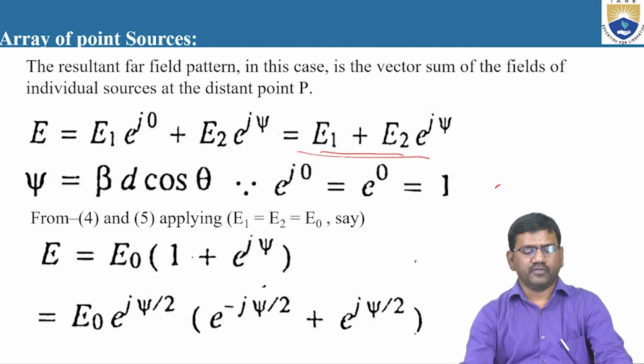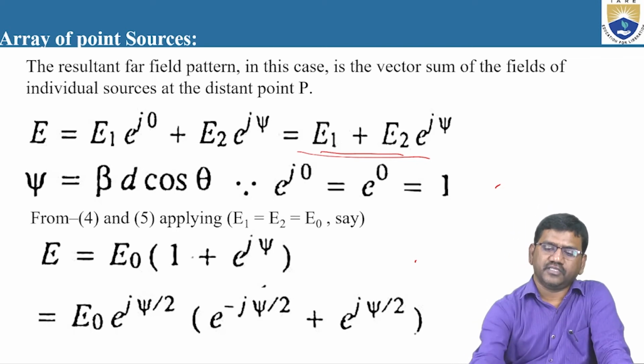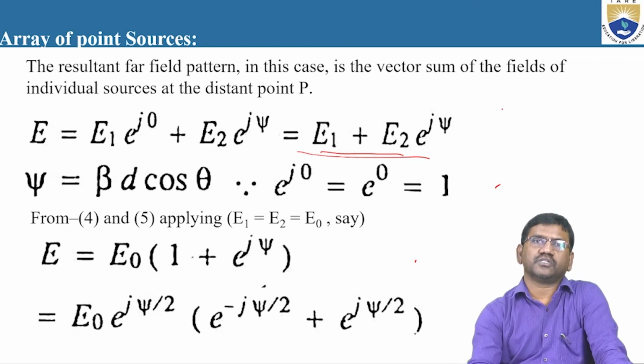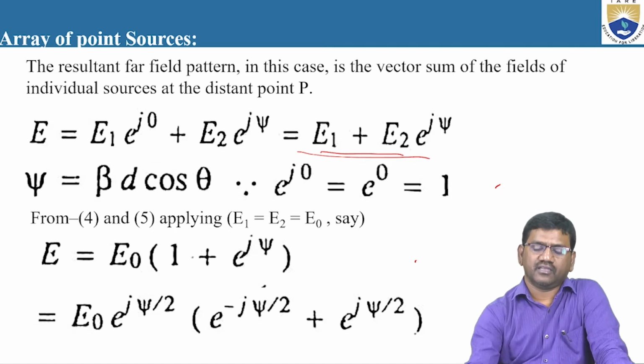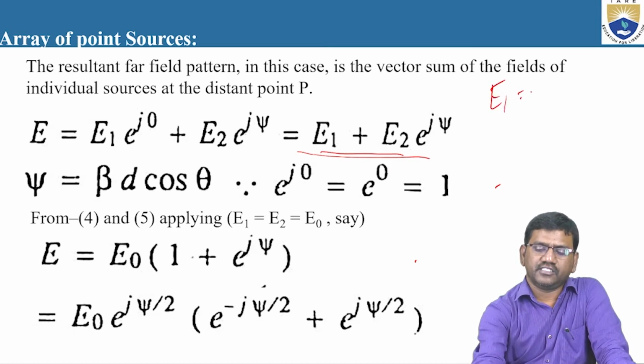So from the above equations 4 and 5, let us assume the amplitudes of the 2 point sources are equal. That means E1 is equal to E2 is equal to E0.